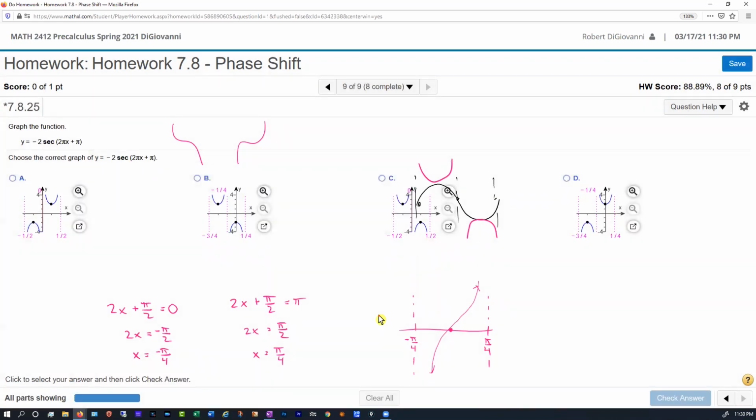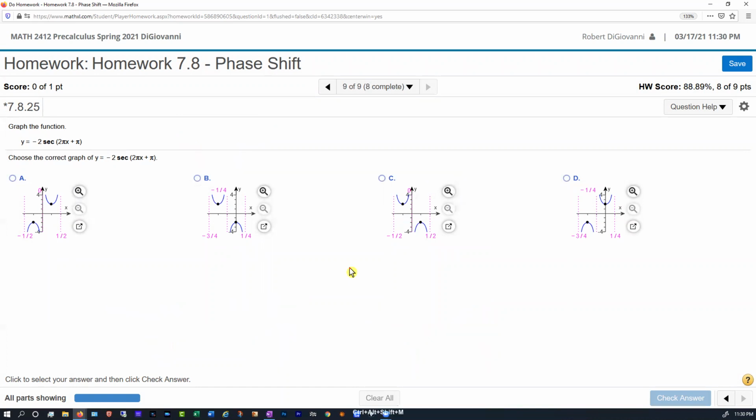Great. Wonderful. All right. So this one, it's a secant. It's -2 in front. I'm just going to take my time. I'm going to graph this because secant is a reciprocal of cosine. Okay. I'm going to set the inside of that equal to 0, and then I'm going to set the inside of that equal to 2 pi.